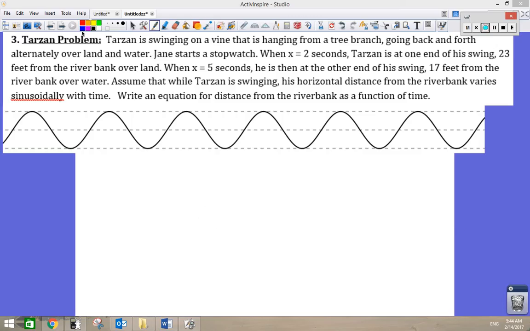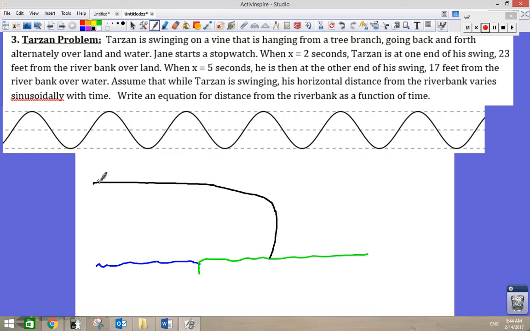Alright, so let's see. We've got this water. We've got this riverbank. And on this riverbank, somewhere is some kind of a tree that is going to have a limb that goes over this riverbank.